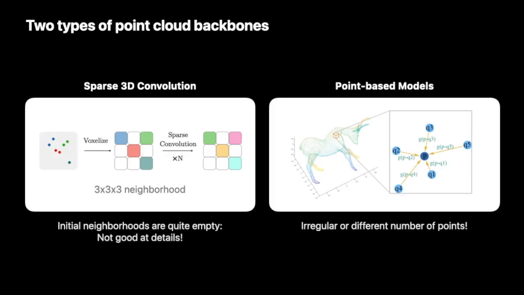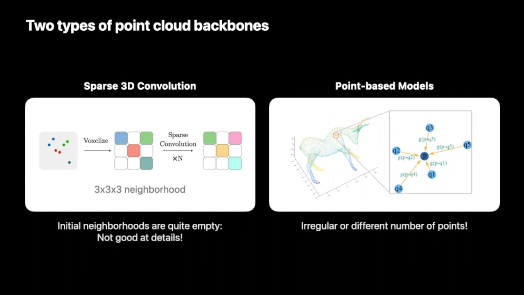There are usually two mainstream types of point cloud backbones. The first is sparse 3D convolution, which is similar to regular convolutions, usually using 3x3x3 neighborhoods. The difference is that they usually will not make any computation if the center point is unoccupied, hence maintaining the sparsity pattern before and after the convolution. Because of the sparsity in their neighborhoods, they might not be good at capturing fine details.